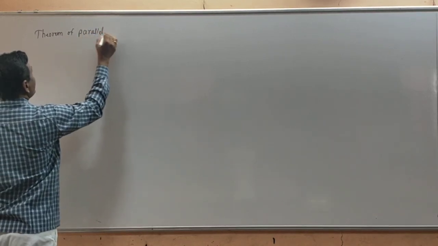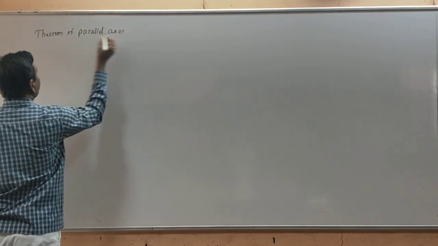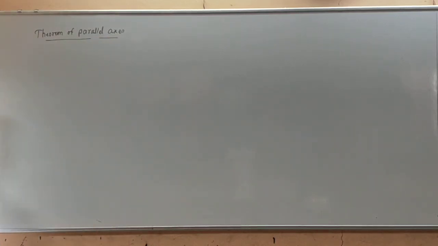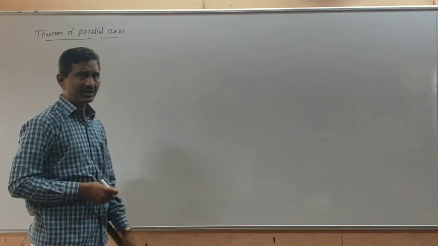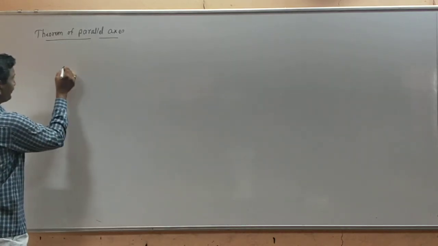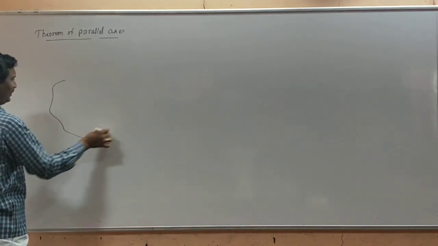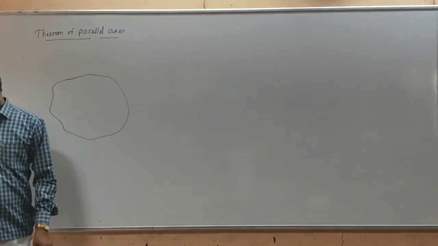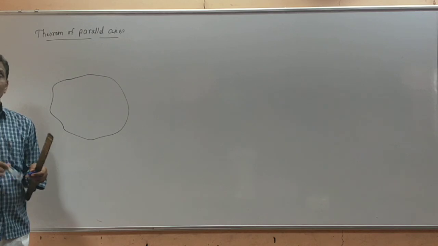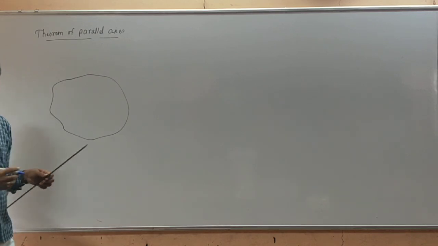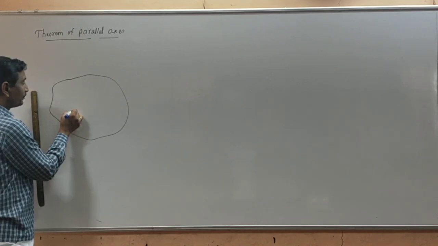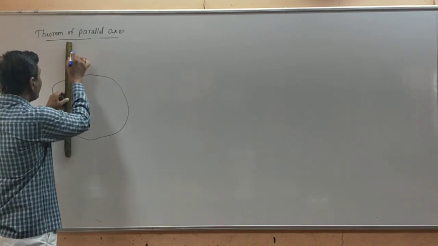We consider here a rigid body of any shape. We consider first a discussion and then we consider the statement here. So this is a rigid body of any shape. This rigid body is rotated about an axis passing through any point, say O, and perpendicular to its plane.